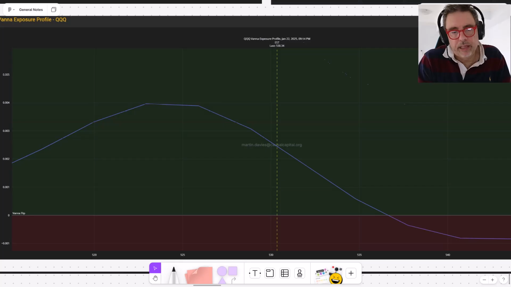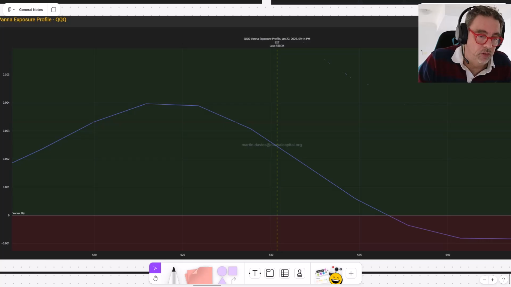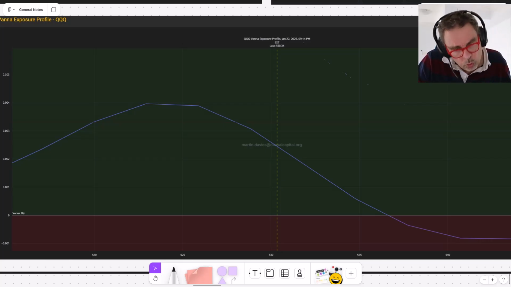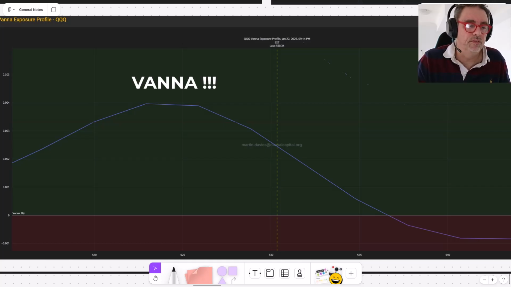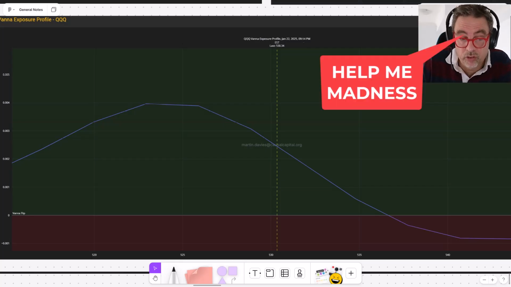Monitoring the change of gamma alone is a little bit challenging because we can't really appreciate whether a gamma wall is having a magnet pull effect or conversely a magnet resistance push effect on QQQ price. To appreciate this tactical impact of the gamma wall, we can observe Vanna. Vanna is a second order Greek that measures the rate of change of delta with respect to changes in implied volatility.